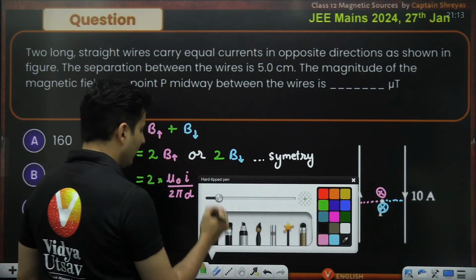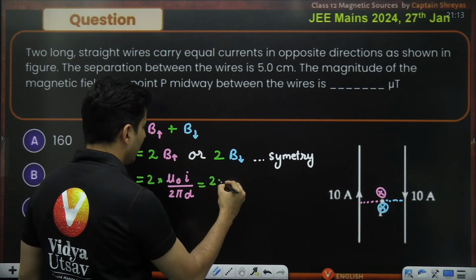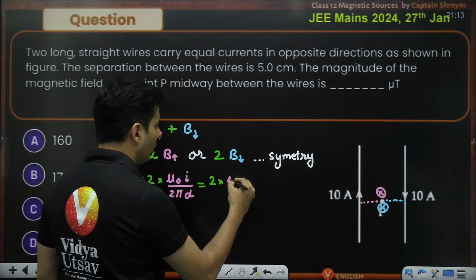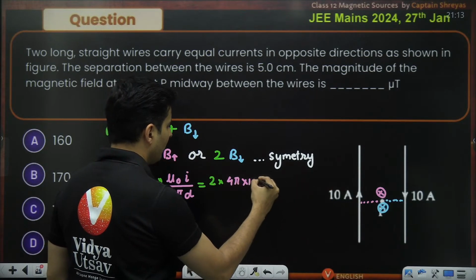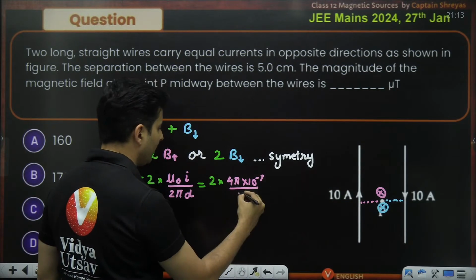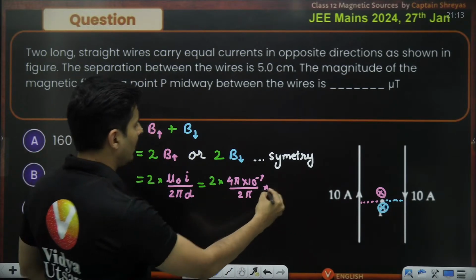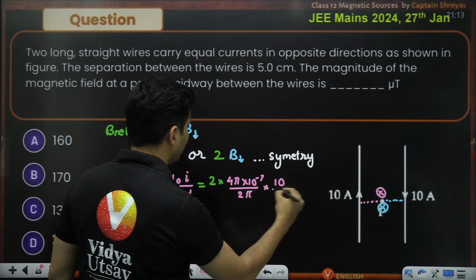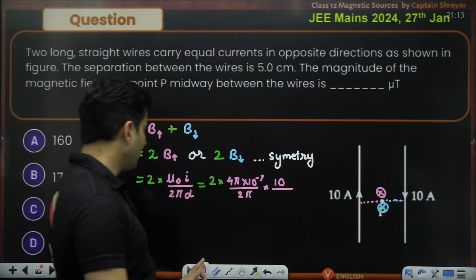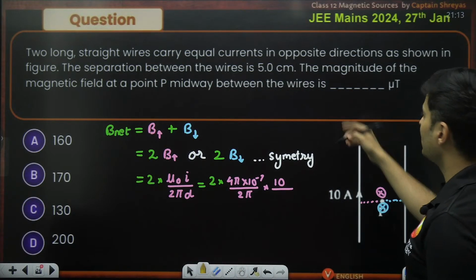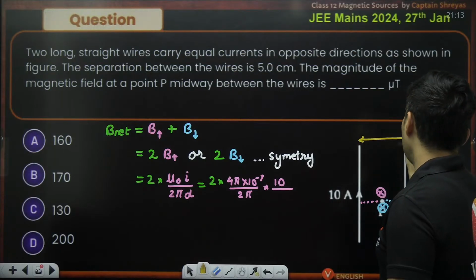So what do I do over here? Think carefully. 2 times mu naught is nothing but 4 pi into 10 to the power minus 7. This whole thing divided by 2 pi. Current is also there. How much is the current? I think 10 amperes, so we'll put 10 over here. What's the distance? Think carefully. It is mentioned that the distance of separation between them is 5 centimeters.